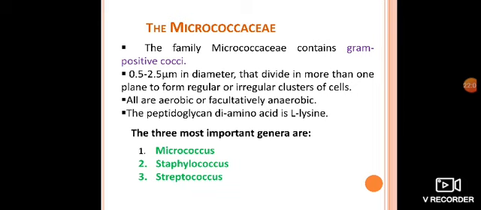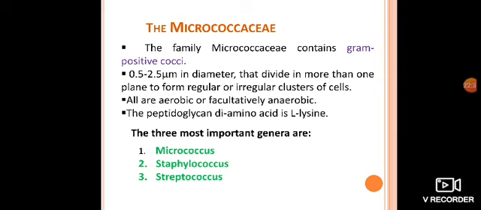So peptidoglycan is a specific content of the microorganism's cell wall, and it has a specific diamino acid in the L-lysine form. On that basis, gram-positive microorganisms are distinguished.